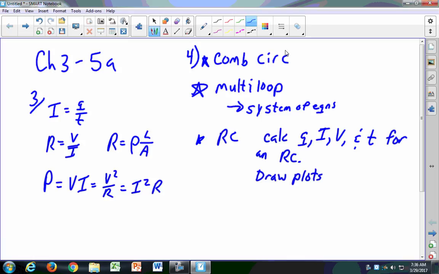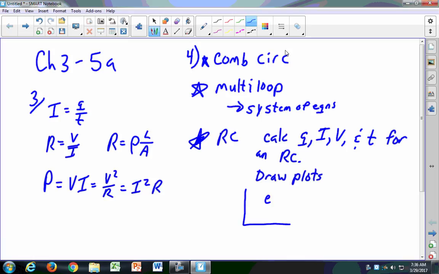Also be able to draw the plots on the free response, and there is an RC circuit that has a star by it. On the free response, I ask you to draw the plot for the charge, voltage, or current for one of the charging or discharging, one of those. You know, the easy way, if you forget this, remember this.